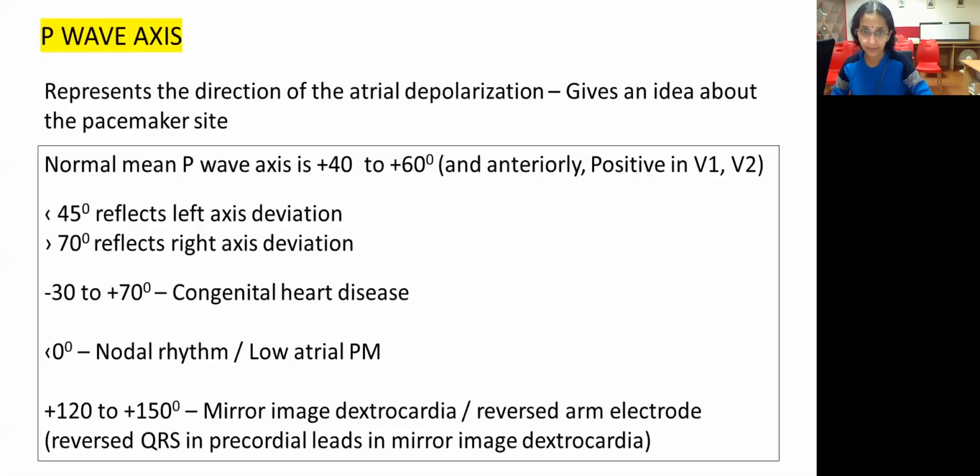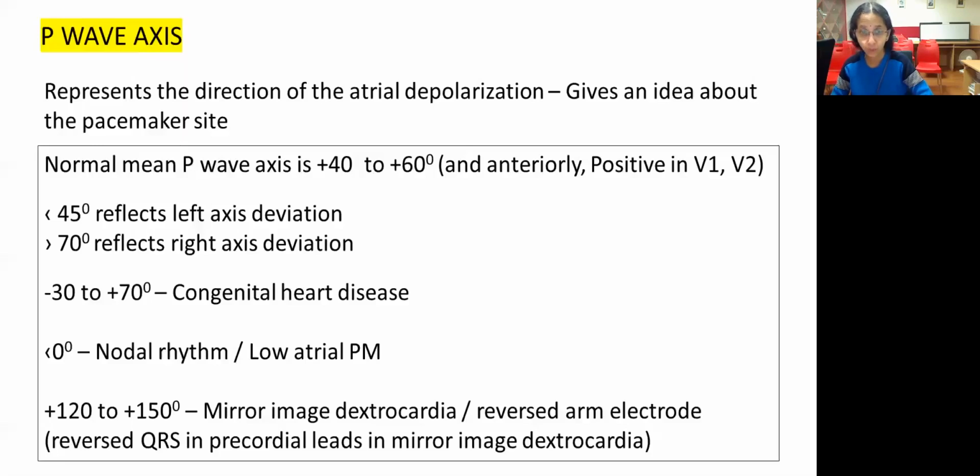So in the frontal plane, the P wave axis is downwards and leftwards, and any axis which is less than 45 degrees for a P wave is defined as a left axis deviation, and any axis which is more than 70 degrees is defined as a right axis deviation for the P wave. You can have variable P wave axis in a congenital heart disease.